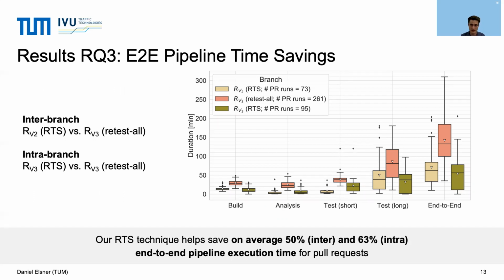And this means that effectively developers will need to wait 50% less time than they have waited before. Maybe as a side note, the module and test selection of our technique itself takes on average below 3 minutes. And this is insignificant looking at the overall pipeline execution times.